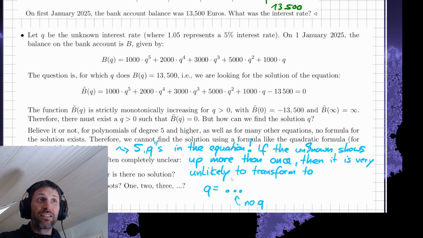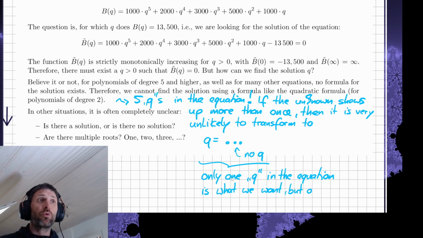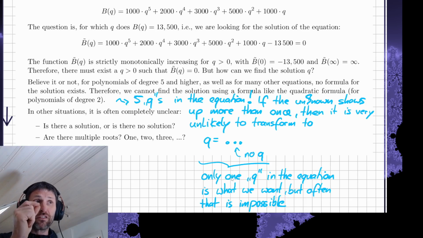Why is that so unlikely? Because in the end we want to have an equation where the q shows up only once. We start with an equation where q shows up 5 times, and we want to end with an equation where q shows up only once. And how can we get rid of q's?